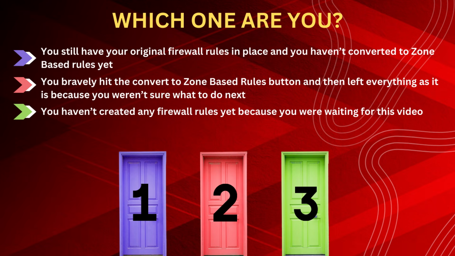Door number two is for my users who bravely hit that convert to zone-based firewall rules button and left everything as it was because you really didn't know what to do next or how to manipulate it, and you kind of went back to YouTube and started searching on how to use this darn zone-based firewall thing, right? Or door number three is that you really haven't done anything. You haven't created any firewall rules yet. Maybe you just haven't got that part yet, or you knew you had this update in place and you were waiting for a video like this to come along. Whatever your situation is, you have zero firewall rules in place.